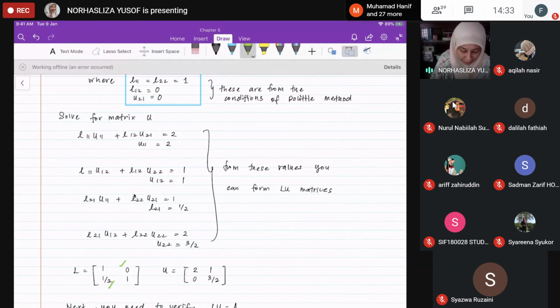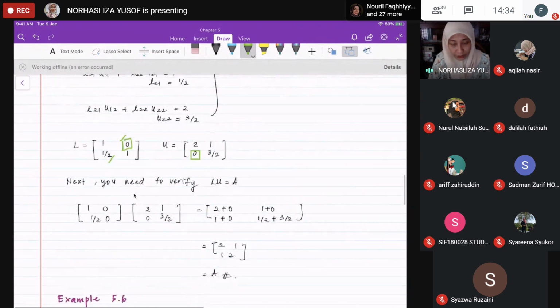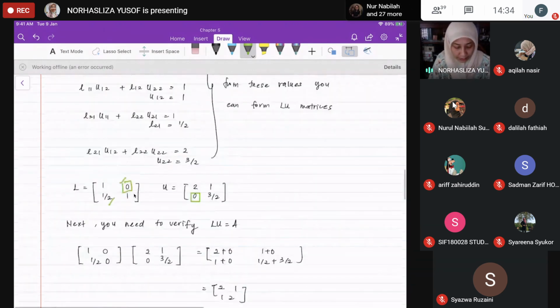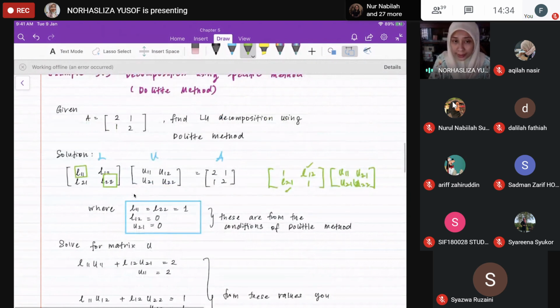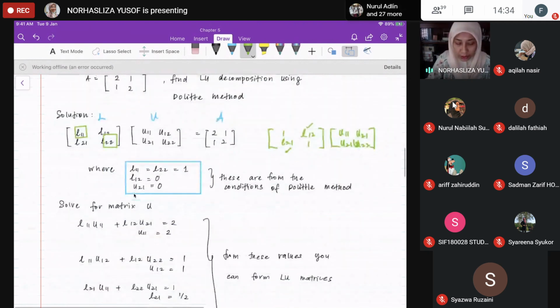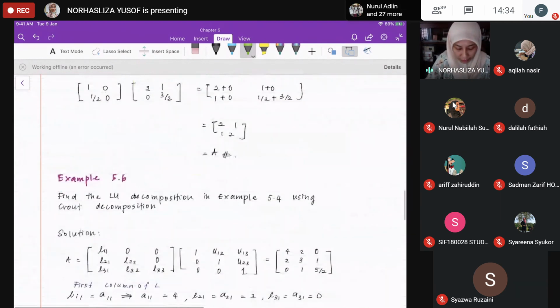So for U, immediately, we know that this is 0 without doing any operation. And for L, this one is 0. Okay, so after that, you verify. So in this example, you don't solve for X because you are not given B. Okay, when you are not given B, you just do decomposition, which means that you reduce the matrix. No need to solve for X because there is no B, right? So this is how you identify different decomposition methods.